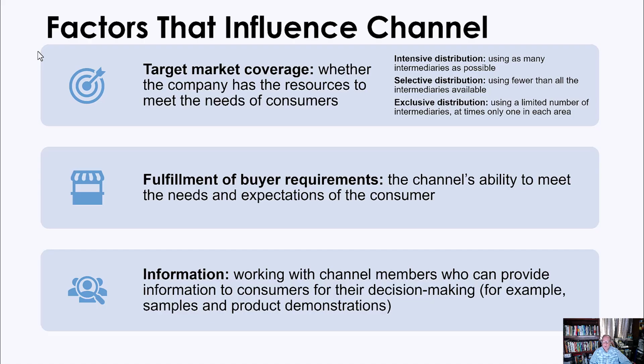Our textbook describes that in the context of intensive distribution, where we're going to sell our cheap products through as many different distribution channels as is possible. So if I want to sell a Hershey's candy bar, I'm going to sell that absolutely everywhere. You can find it in Dollar General, in Walmart, in a grocery store, all over the place.